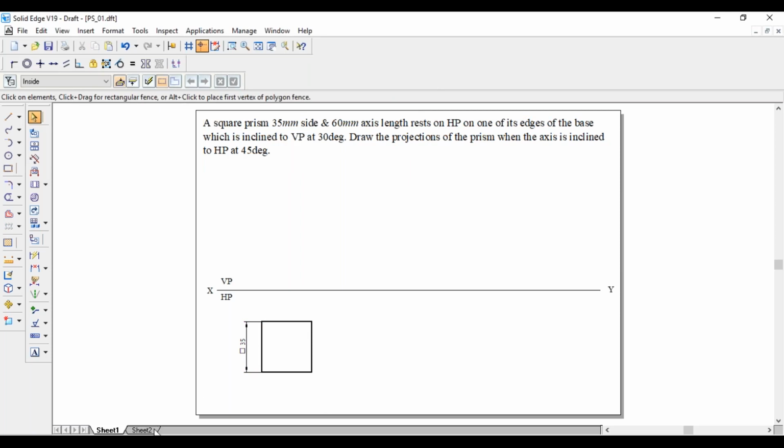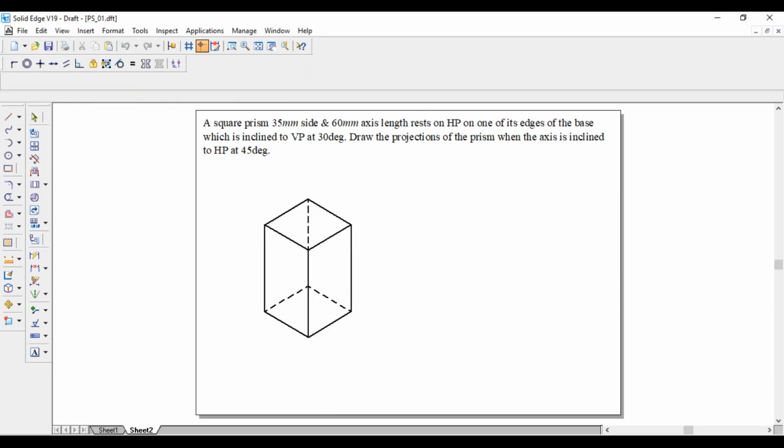Now as I told you, here we have two faces. If you see from the top view, we will see only the top face, so naming will be A, B, C, D. The bottom face is invisible, so in the bracket A1, B1, C1, D1 respectively.